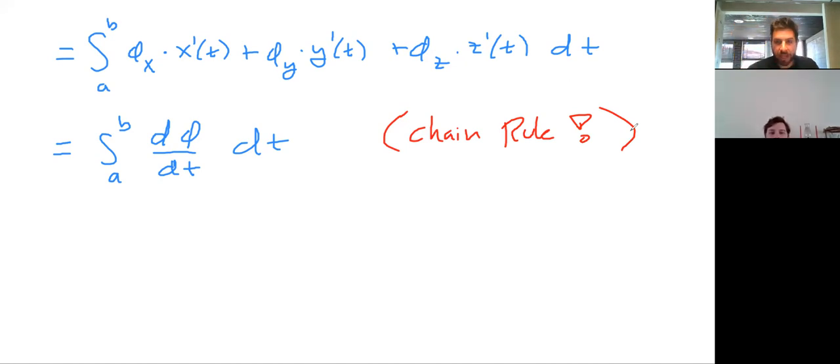It takes in x, y, and z, and it spits out a number. But don't forget that x is also a function of t, y is also a function of t, and z is also a function of t. So by the chain rule, you take the derivative of the outside. What's the derivative of phi? It's the gradient of phi, evaluated at the inside, which is x, y, z, times the derivative of the inside.